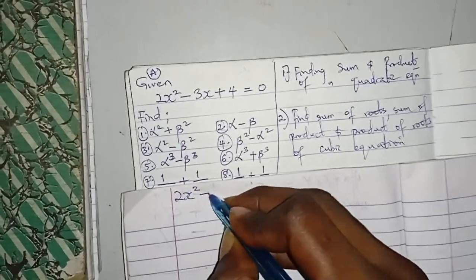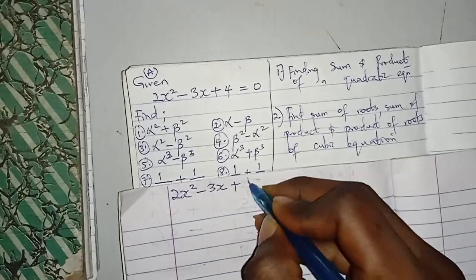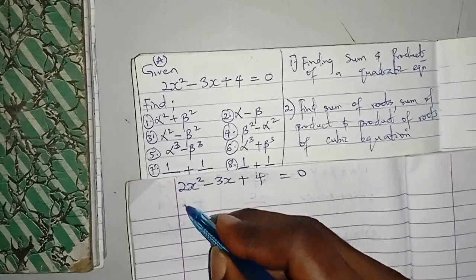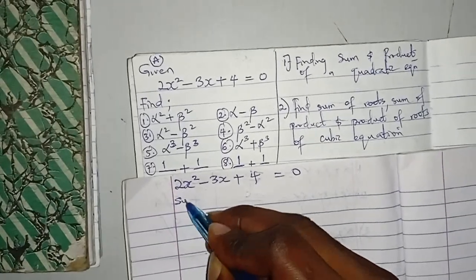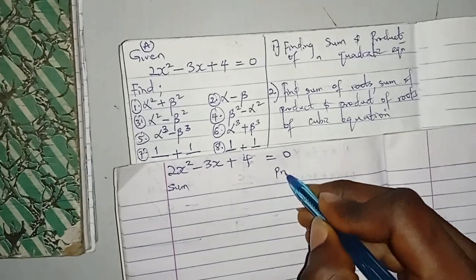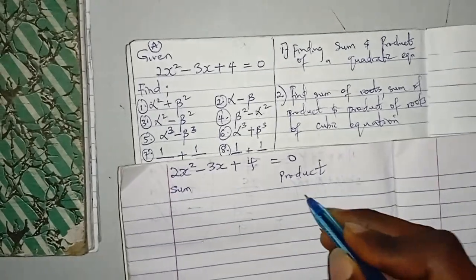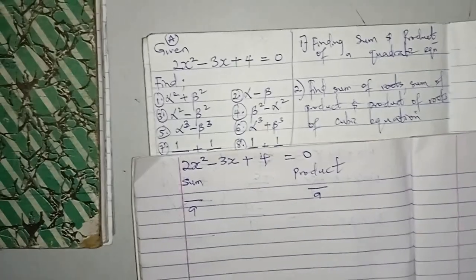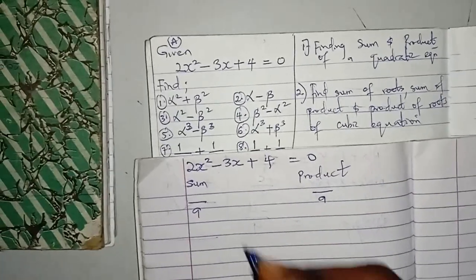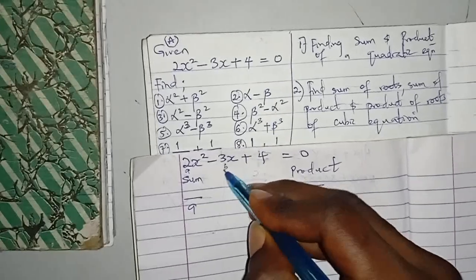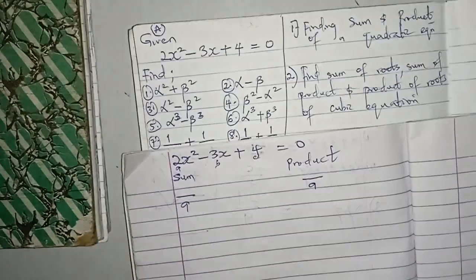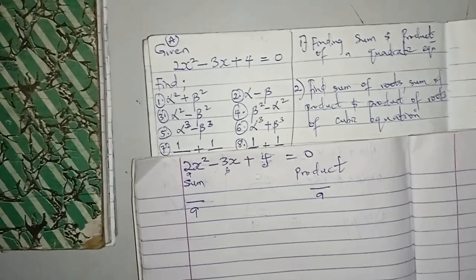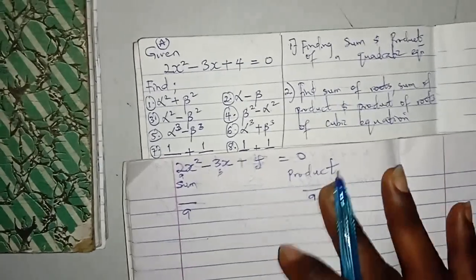So we are given 2x squared minus 3x plus 4 equals 0. First of all, for a quadratic equation we always have the sum and product, and both are always over A. Here is A, here is B, here is C. A over A is equal to 1, so we will never have A over A when dealing with quadratic or cubic.